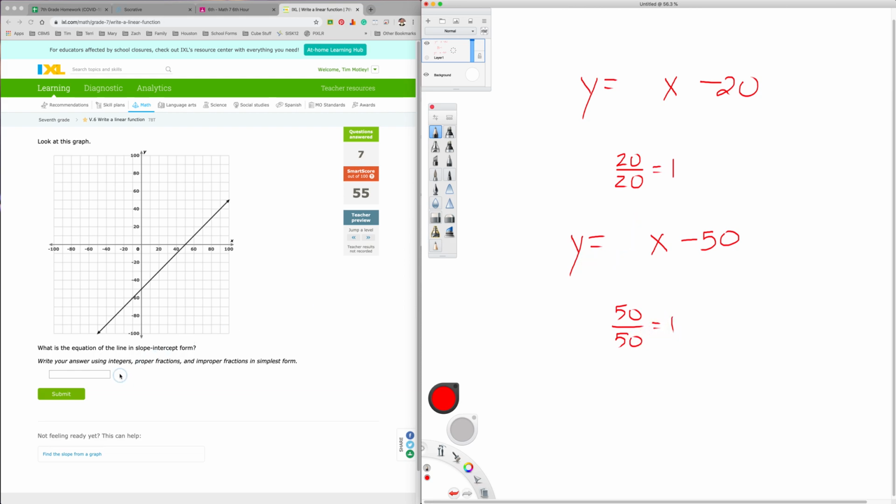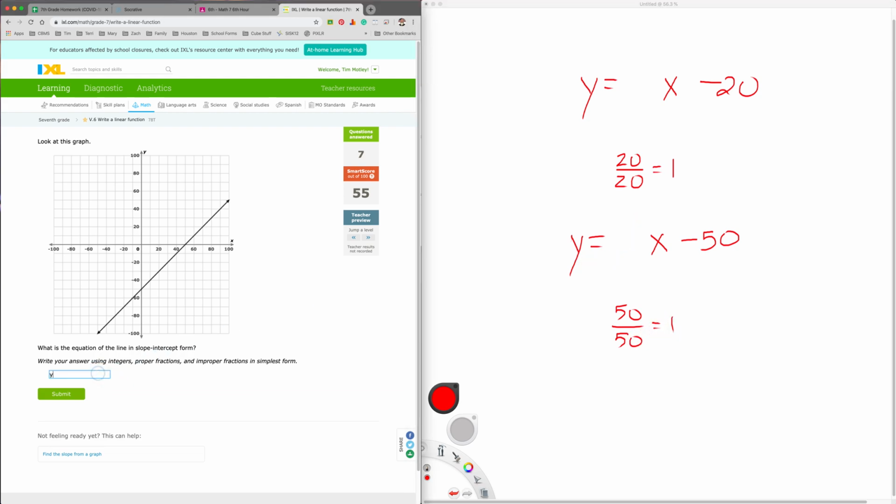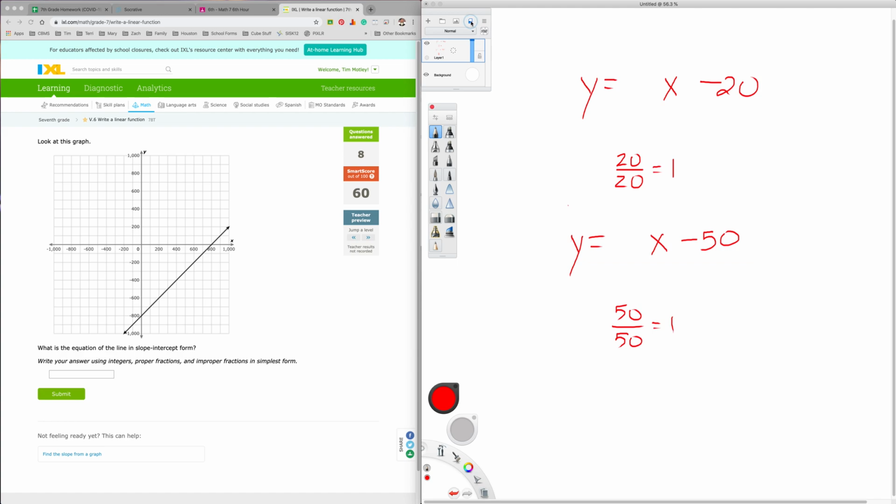So I'm not going to bother with that 1. y equals x minus 50. Hoping for kind of a messy one. And it's not. I'm wanting to get to one that has a different sort of slope, but it turns out we're getting a very repetitive situation here.